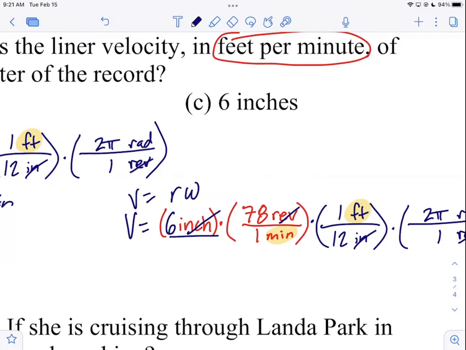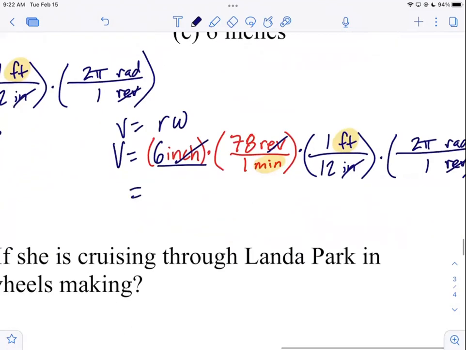Type in 6x and you get 245.044 feet per minute. Okay, so it's moving fast. So there you go. Linear velocity is directly proportional to angular velocity by way of the radius. The bigger the radius, the faster the linear velocity.